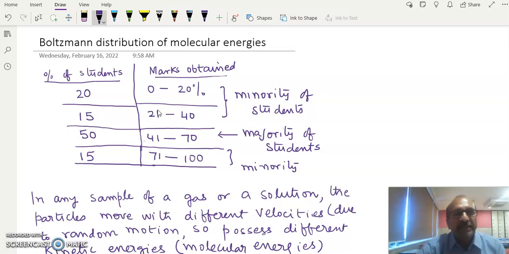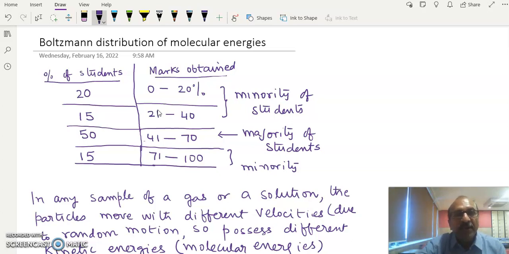If we analyze the marks obtained by students at the end of an examination, this is the kind of distribution that you might expect. Maybe only about 20% of the students score from 0 to 20% of the marks, and the percentage of students scoring 21 to 40% of marks may be about 15.